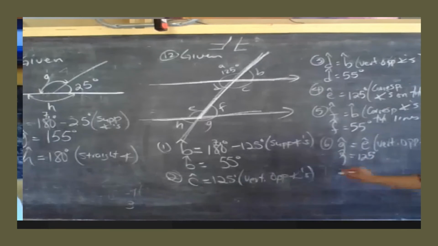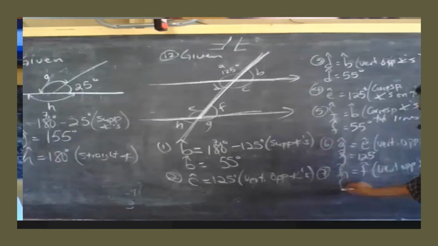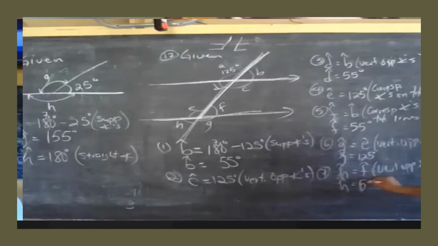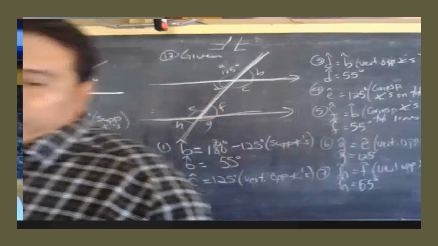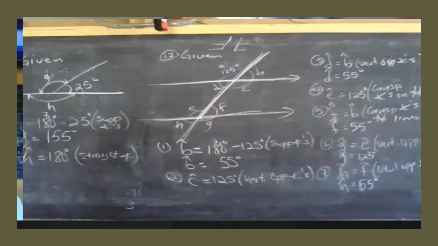And lastly, H is equal to F, vertically opposite angles. So H is 55 degrees.